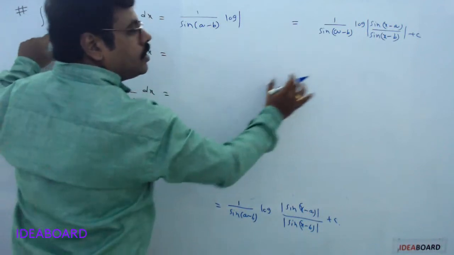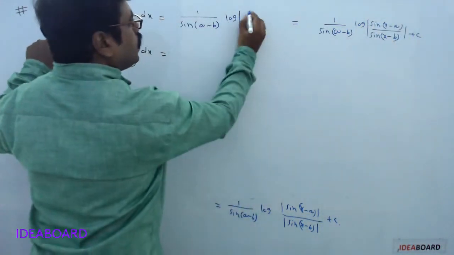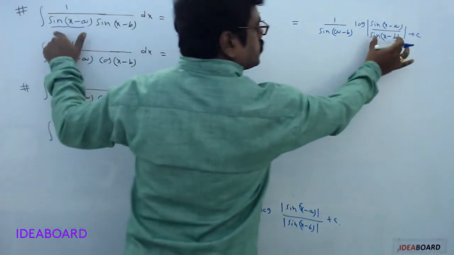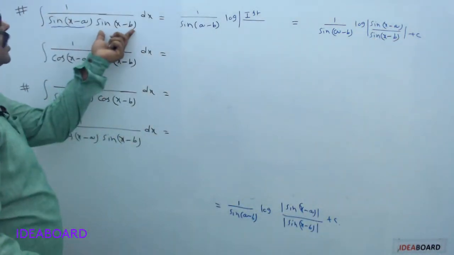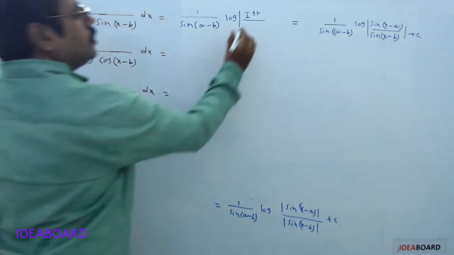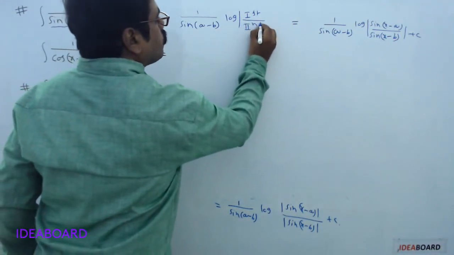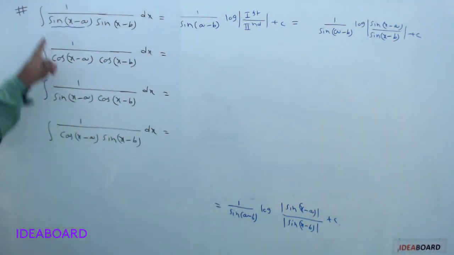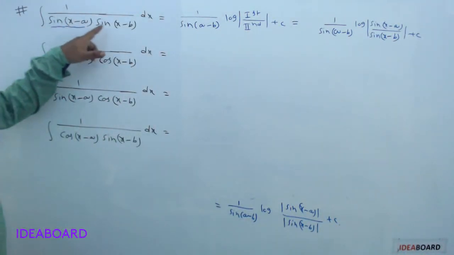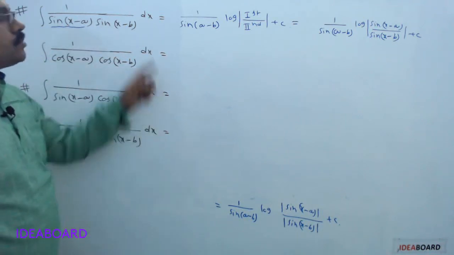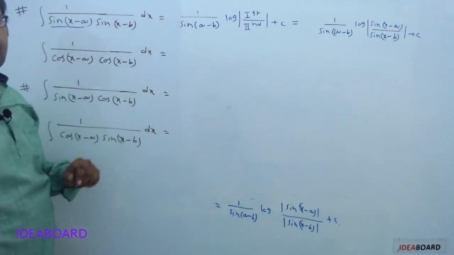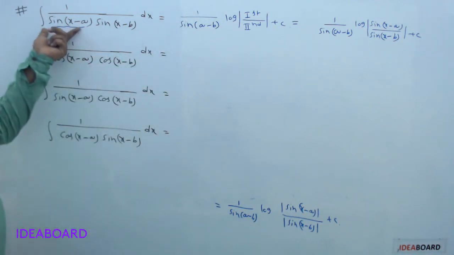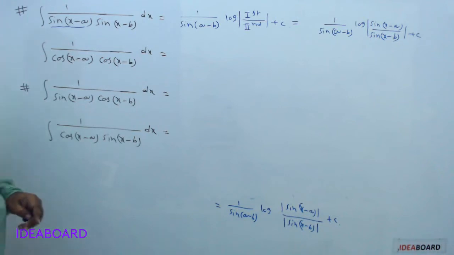In short form I can take log mod of first divided by sin of x minus b, which is the second term in our denominator, plus constant c. Integral 1 divided by sin of x minus a into sin of x minus b dx, what is the answer directly? 1 divided by sin of a minus b into log mod first term divided by second term.